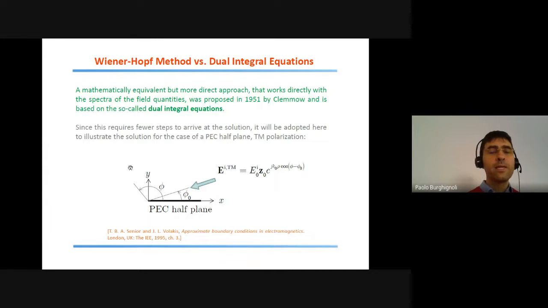What I will tell you is basically taken from this beautiful book by Thomas Senior and John Volakis, Approximate Boundary Conditions in Electromagnetics, which is very advisable if you wish to learn about both the boundary conditions in general, their formulation and use, and also their application in the Wiener-Hopf method, and also the Maliuzhinets theory for scattering by impedance wedges, and many other things.